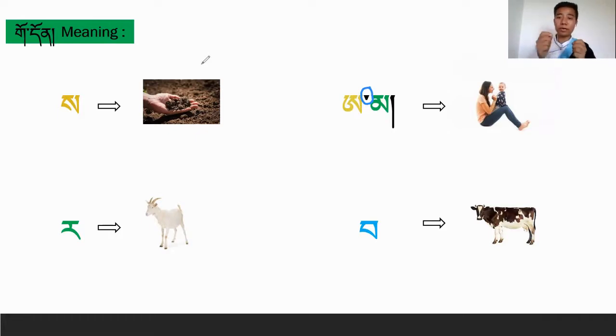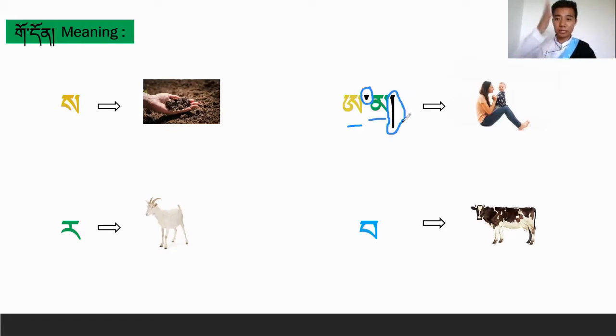In order to separate the words, we have to put the tsek. In Tibetan we call it tsek. So ama.